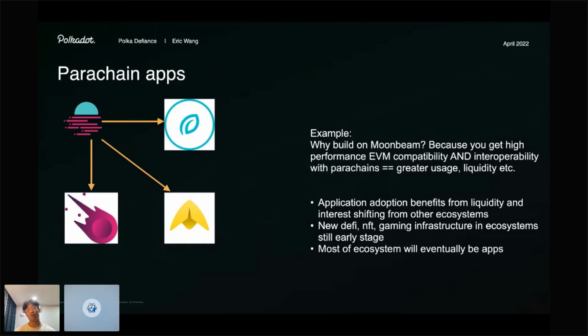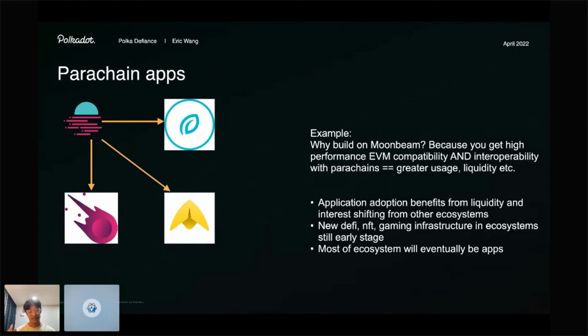So when a user or a builder thinks about building on, let's say, Moonbeam, the advantages that they're pitched is that the user will get, for example, high performance because it's a parachain, which is dedicated towards specific, in the case of Moonbeam, EVM compatibility, as well as in addition to that, which is very unique to the Polkadot ecosystem, native interoperability with other parachains and parachain applications as well.